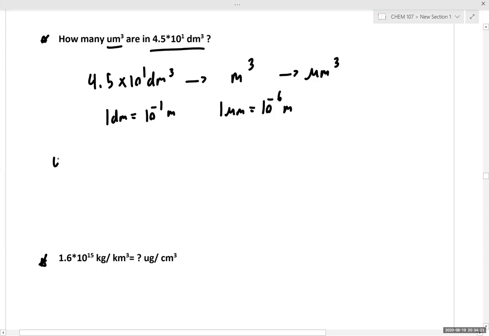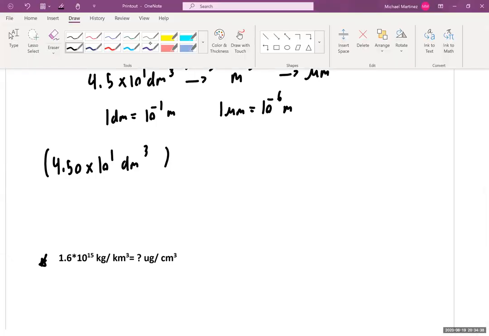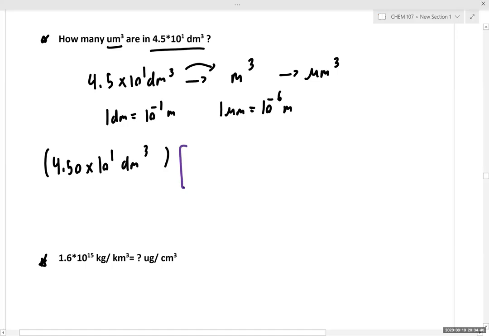Okay, so starting off with 4.50 times 10 to the first decimeter cubed, we know that if we're going from decimeter to meter, we need what units on top? Meter, yep. So we have 10 to the negative first meter per decimeter. Now, since we have decimeter cubed, we need to multiply by our conversion factor 3 times.